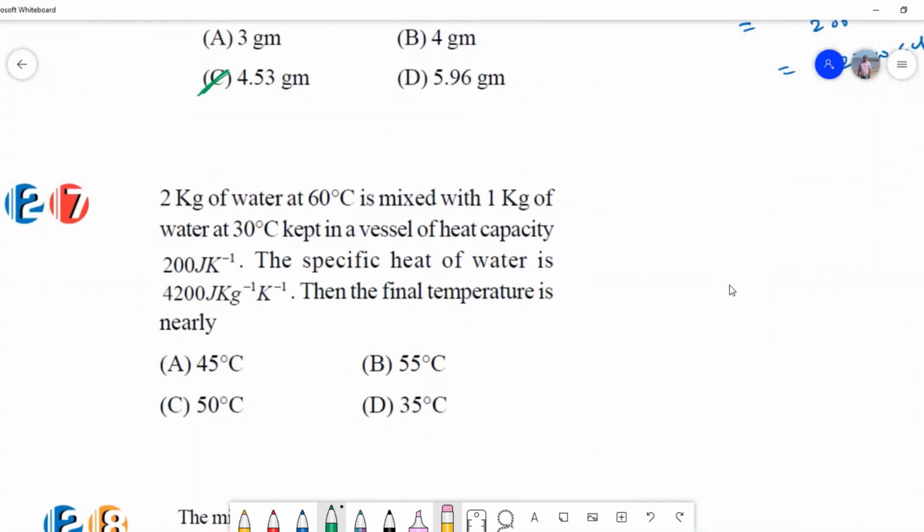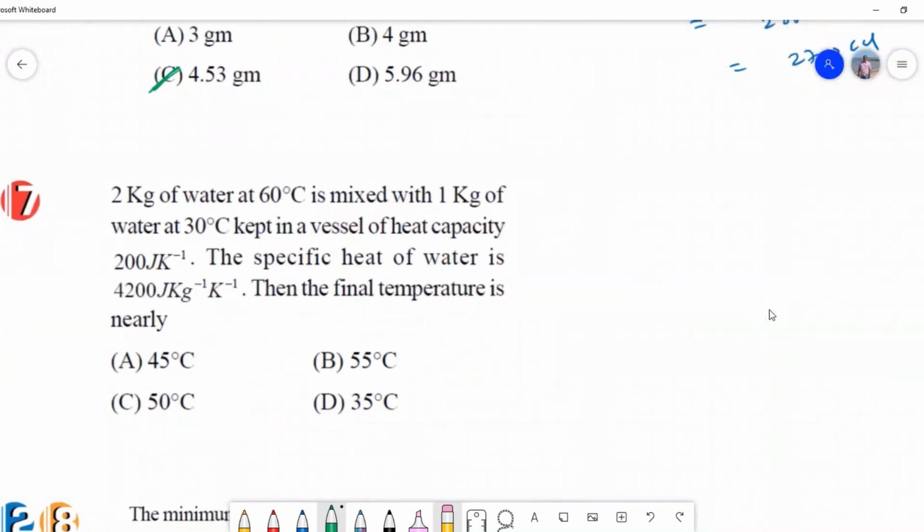What does this problem number 27 say? It says there is 2 kg of water at 60, mixed with 1 kg of water at 30, kept in a vessel of heat capacity 200. The specific heat capacity of water is given, then find the temperature. Very simple. Here, this water will lose heat, and this water will gain, and the calorimeter also will gain.